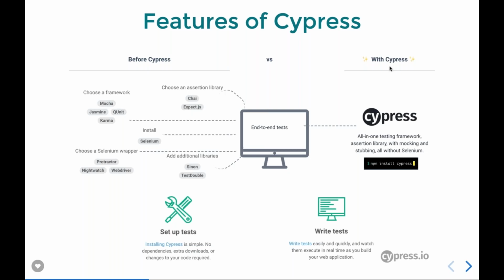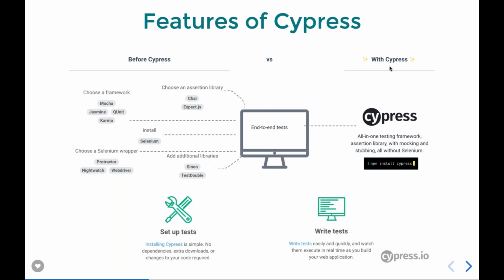But it doesn't consume Selenium at all, which means the architecture Cypress is using is completely built from scratch, which means it doesn't deal with WebDriver at all. So there is no WebDriver included in Cypress. That's the reason why we say that Cypress directly interacts with the browser, and it is much faster when compared to other tools.